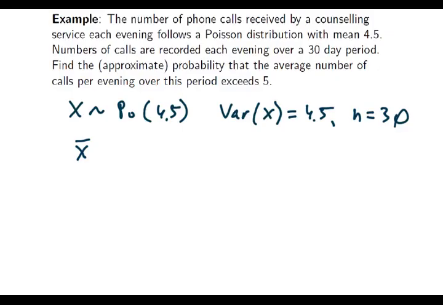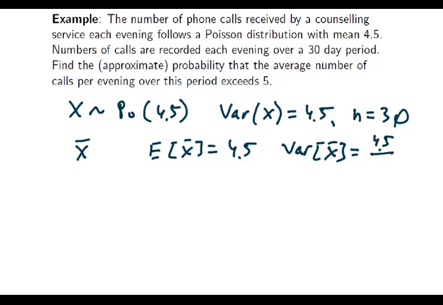According to central limit theorem, expected value of sample mean coincides with expected value of x, which is 4.5, and variance of sample mean is variance of x divided by size of sample. So this is 4.5 divided by 30, which is 0.15.